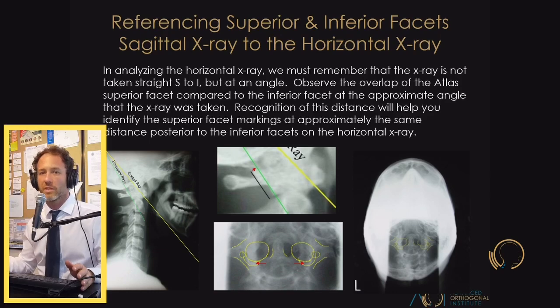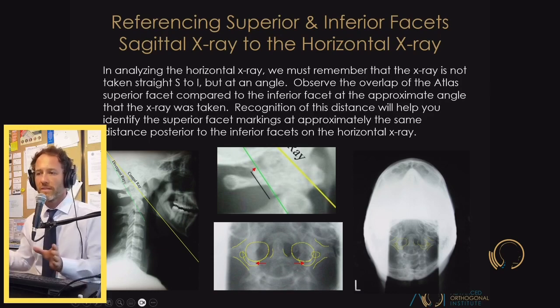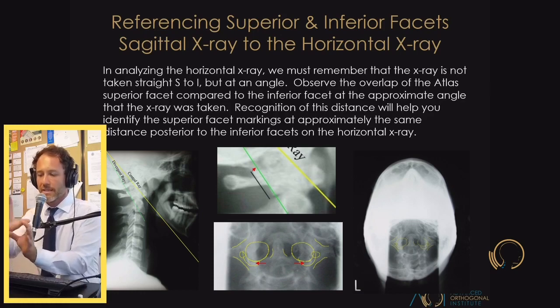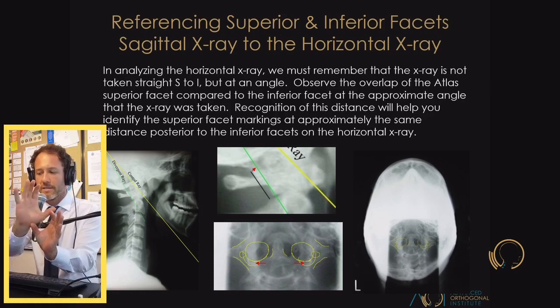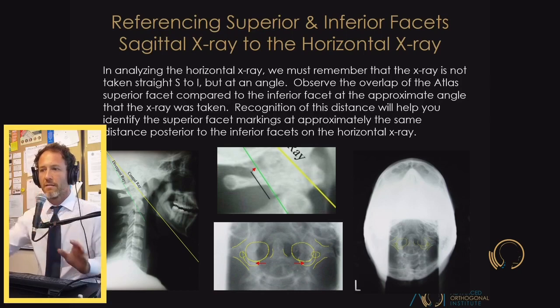If that doesn't make sense looking at this, just take my word for it. But your superior facets are going to sit just kind of behind, just kind of underneath, right?